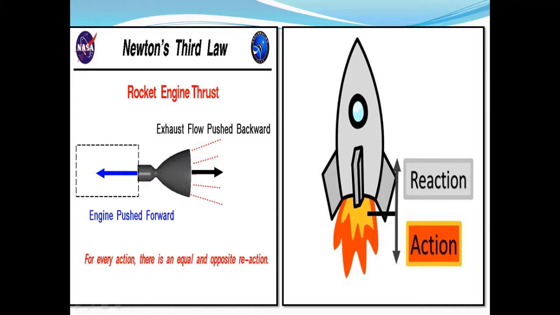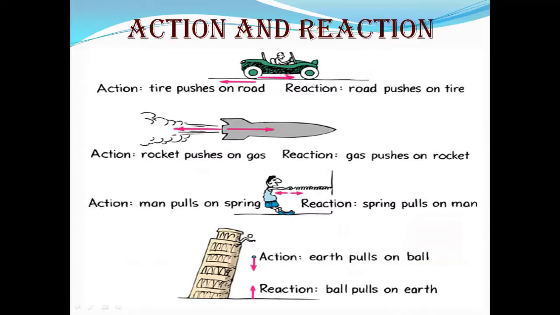This is the reaction to the action, that is, the exhaust flow pushed backward. So in other words, for every action there is an equal and opposite reaction. That's Newton's third law.